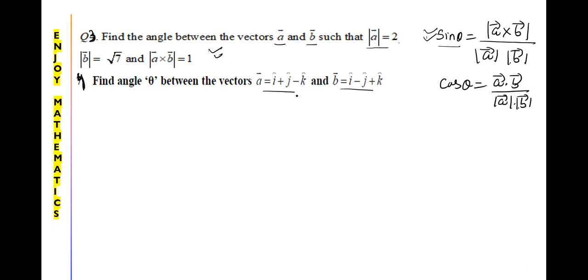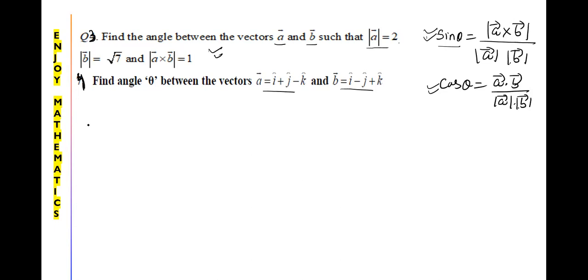So here I think cos theta would be appropriate, because if you take sin theta, the calculation may be lengthier. It's not wrong. If you use sin theta equal to magnitude of A cross B divided by magnitude of A into magnitude of B, it is also correct. But you will take more time there. So for fourth question, it would be easier if you use dot product.